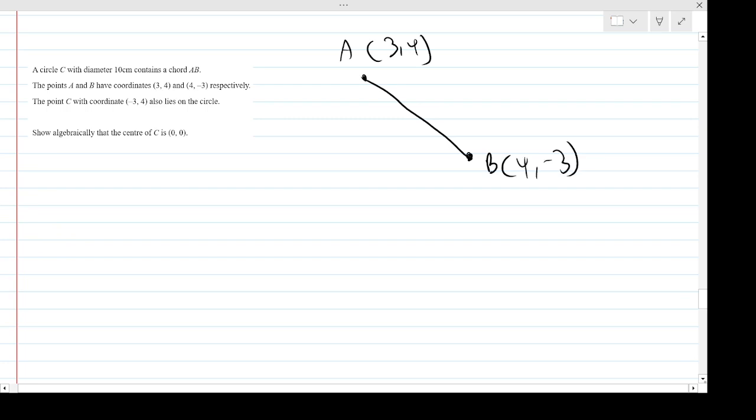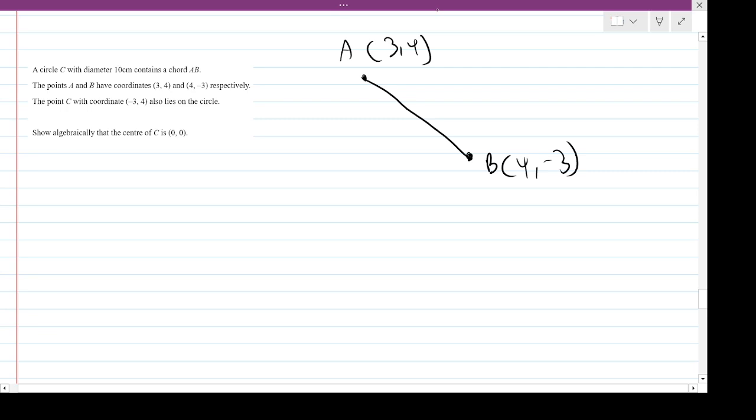Okay, so again, as usual, we've got a chord AB, so let's consider the line AB. So let's draw our points A, which is (3, 4), and B, which is (4, -3). It's not telling us about a perpendicular bisector, but obviously we are going to work with that. Why are we going to consider the perpendicular bisector of AB?